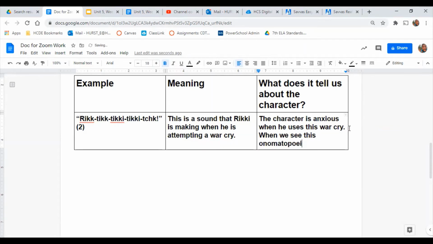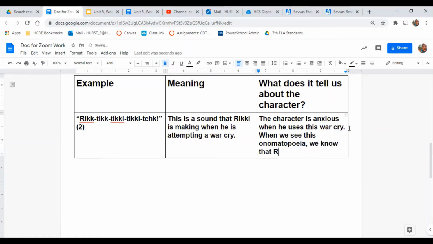We know that Rikki is getting angry. Okay, so that's kind of what we're looking at doing today, is looking at the example of figurative language. What does it mean? And then how can we infer something about the character?